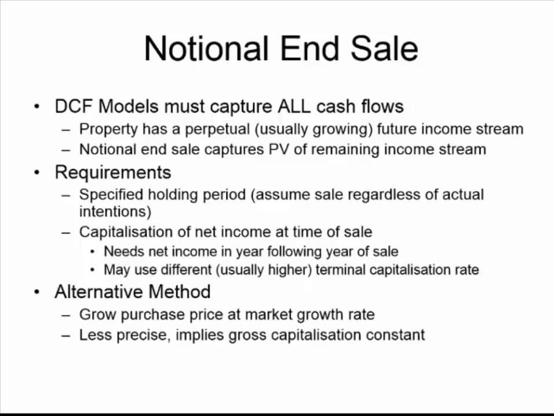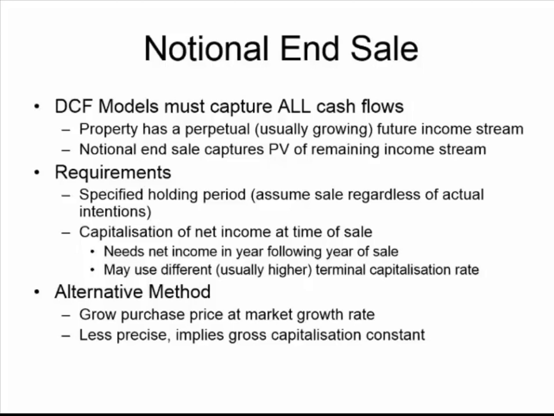What that means is that the very last cash flow that happens at the end of the last year of the model includes the revenues, the expenses, and also the notional end sale. If we're going to work out what that is, if we put ourselves in the shoes of someone considering buying the property at that point, they will be capitalising the year following its income, or its net operating income.